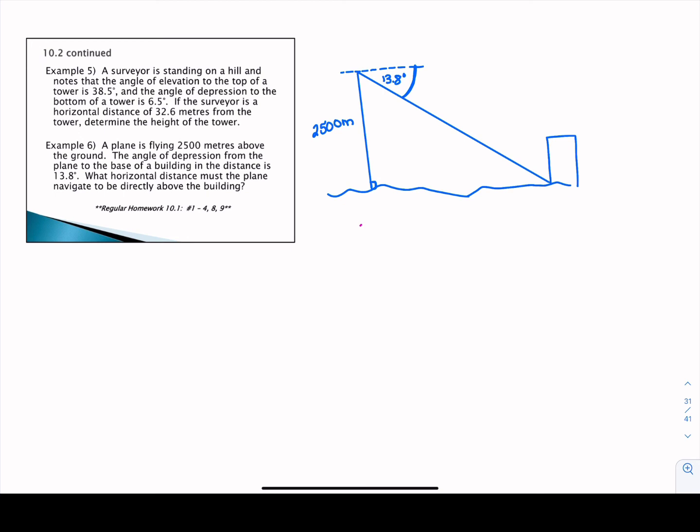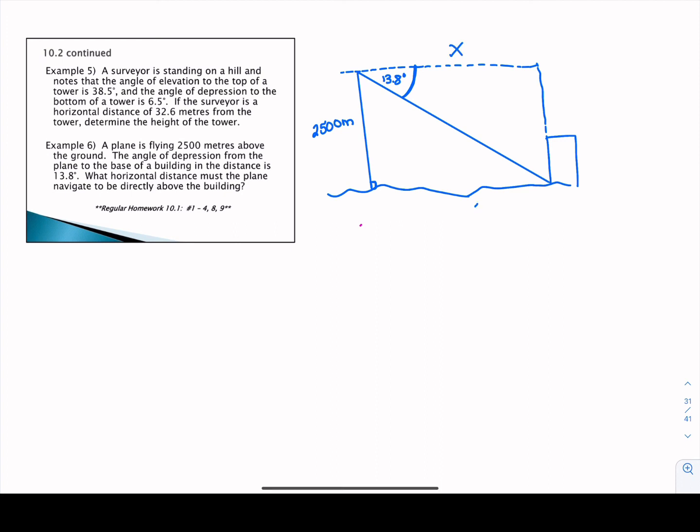So the only other piece of information we want to be mindful of is what the question is actually asking of us. It says, what horizontal distance must the plane cover in order to be directly above the building? So if you want to imagine this triangle sort of extends, we're trying to find this distance x.